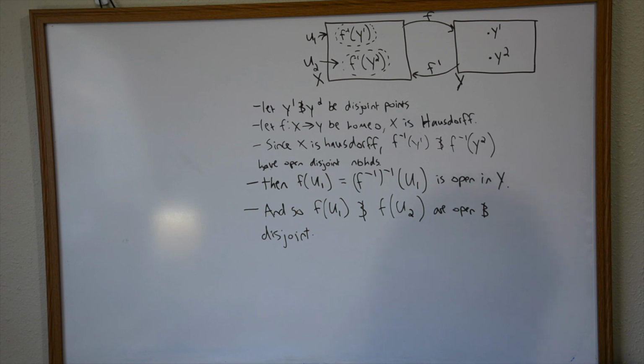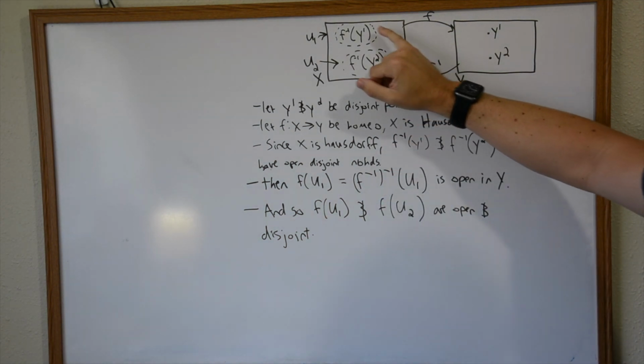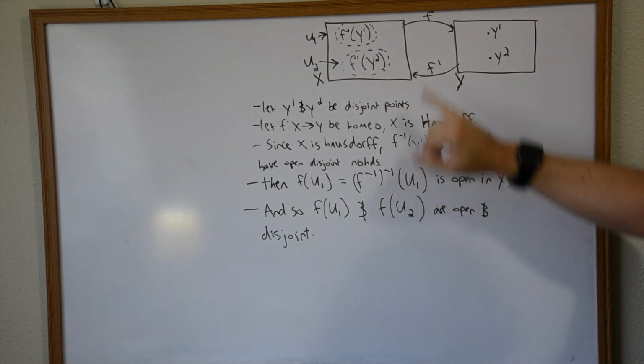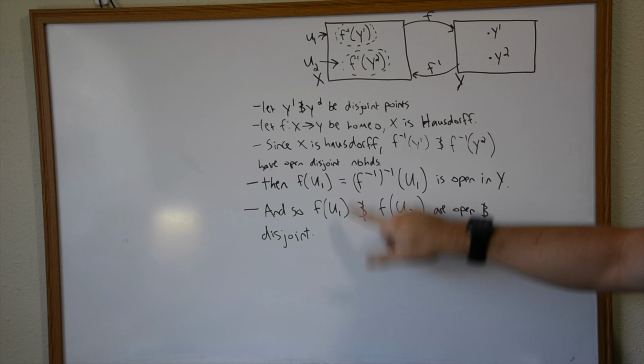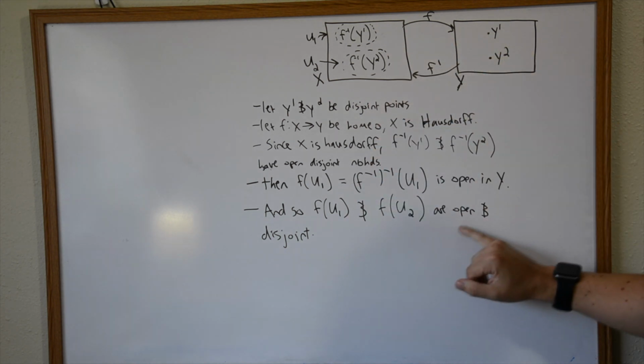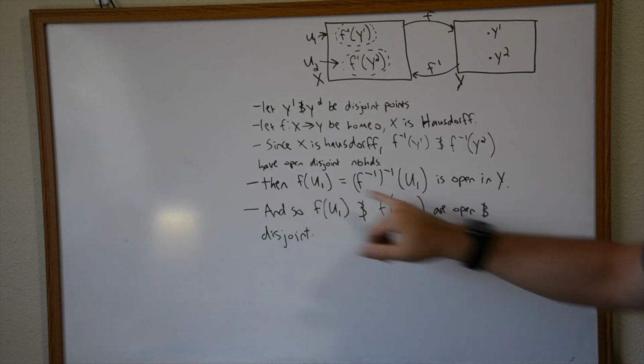So knowing that, we can say that if we apply f to u1, which is this neighborhood, and we apply f to u2, which is this neighborhood around y2, the neighborhoods that they map to are also going to be open and disjoint based on this previous line here.